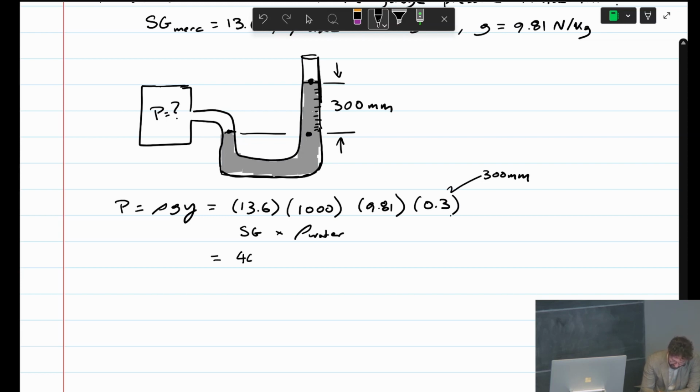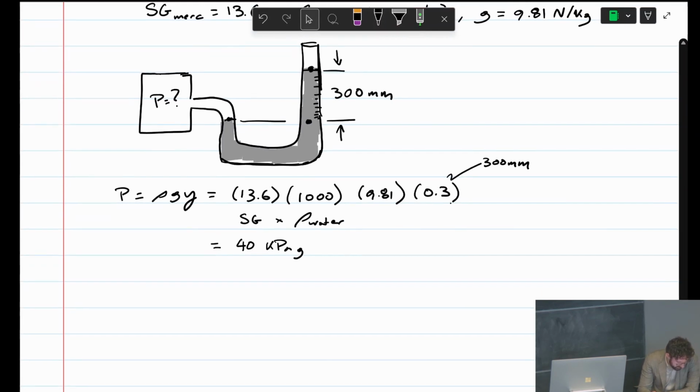So that's going to be 40 kilopascals gauge. Just to clarify that we're using gauge units. So any questions there?